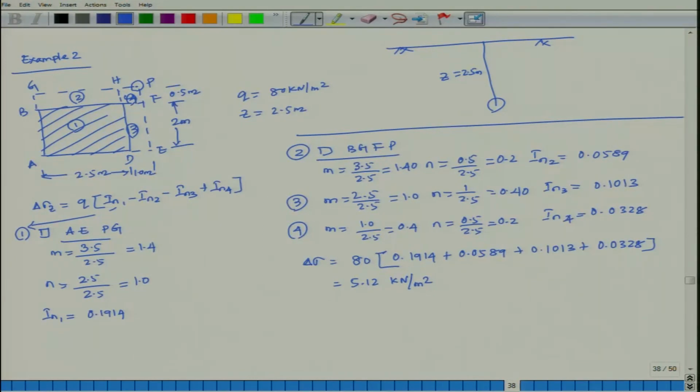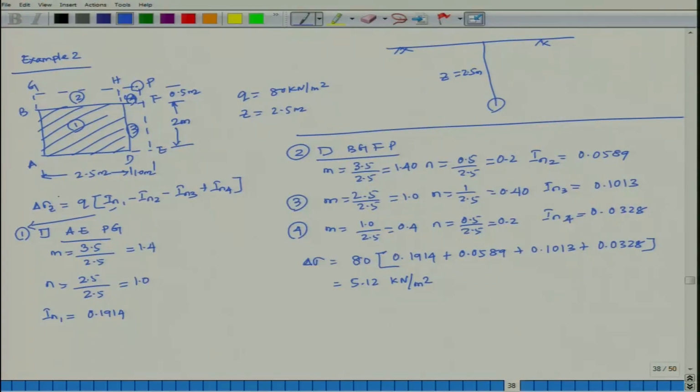Two examples. In this example, the load intensity is given as 80 kilonewton per meter square, and the depth below the ground surface is 2.5 meter. In this case, the point is outside the loaded area. So, taking the point P, I make it so that it converts to complete rectangular areas.